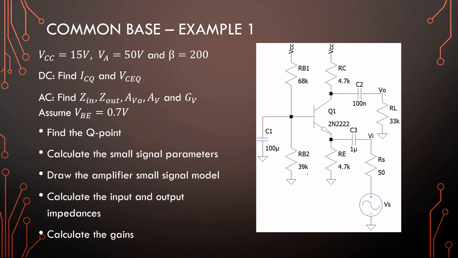Okay, now with a common base, there is a capacitor here on the biasing resistors or the base resistors, and that is to bypass both of them. Okay, so the input impedance will be mainly dependent on small emitter resistance, small re, or r pi divided by beta plus 1, because we're going to view this into the emitter of the amplifier.